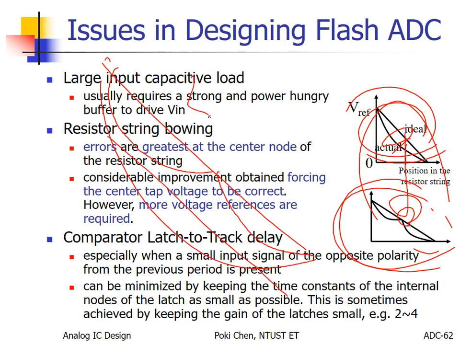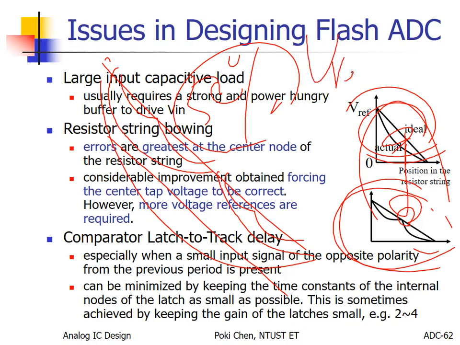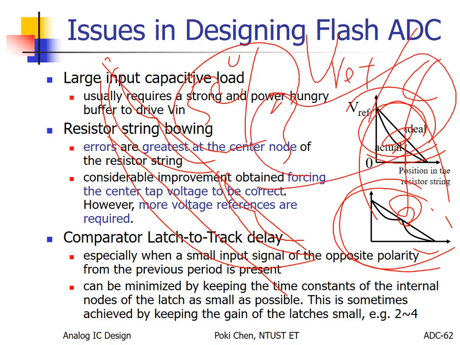Usually 50% off for your error. We can do the same thing to reduce it further, but right now you need the help of V reference by 4 and 3/4 of your V reference. Nothing is free. You need to pay for it.